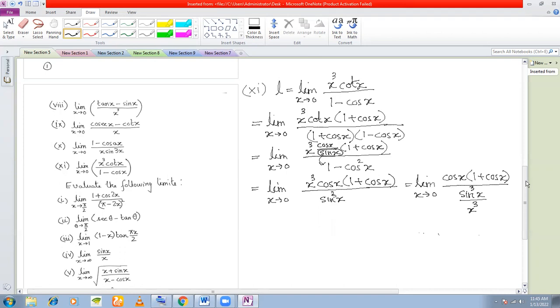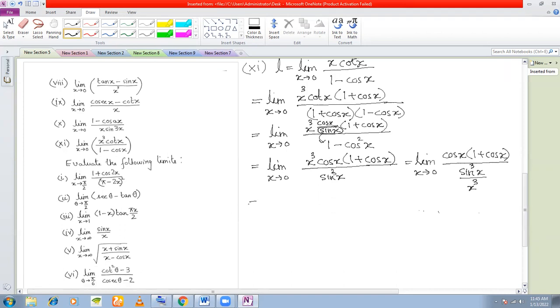Okay. That means now I can distribute the limits over the numerator and the denominator. Limit x tends to 0 cos x into 1 plus cos x divided by limit x tends to 0 of sin cube x by x cube, which can be written as sin x by x whole cube.